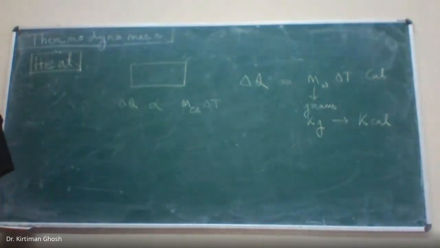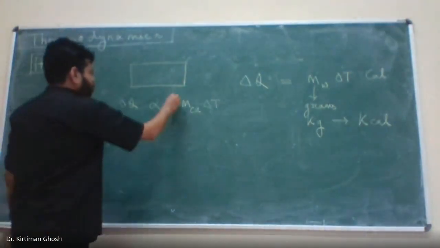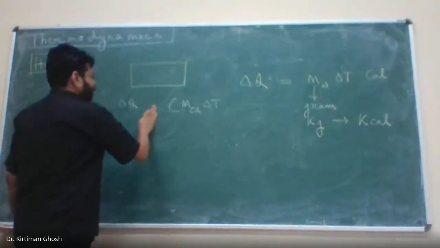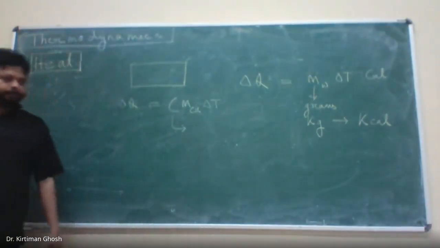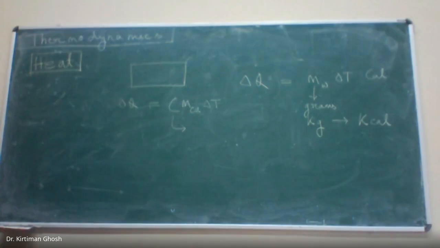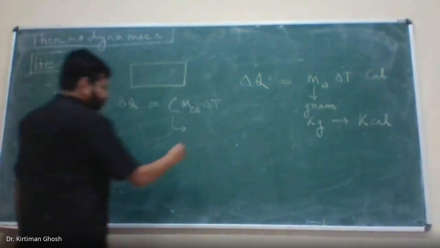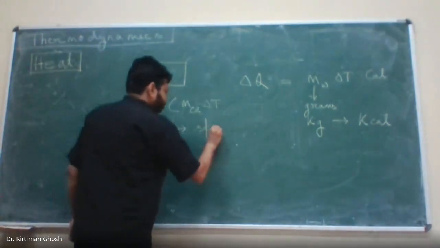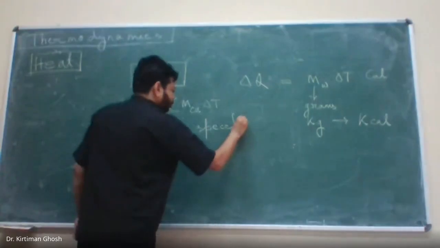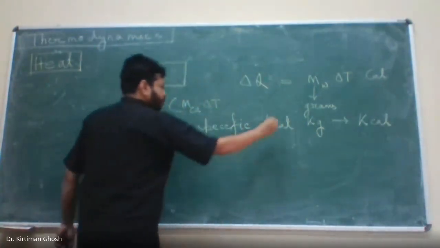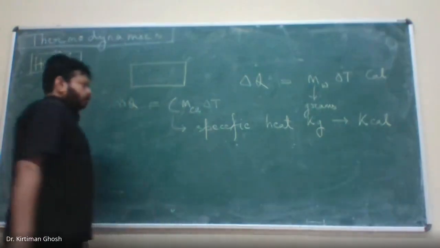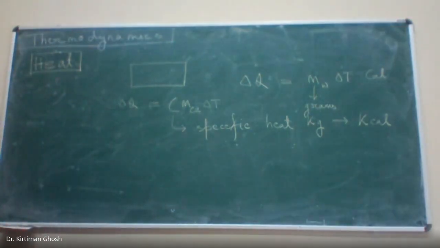So where do the properties of this copper come in? There comes a coefficient C, the coefficient of proportionality. We call this the specific heat.